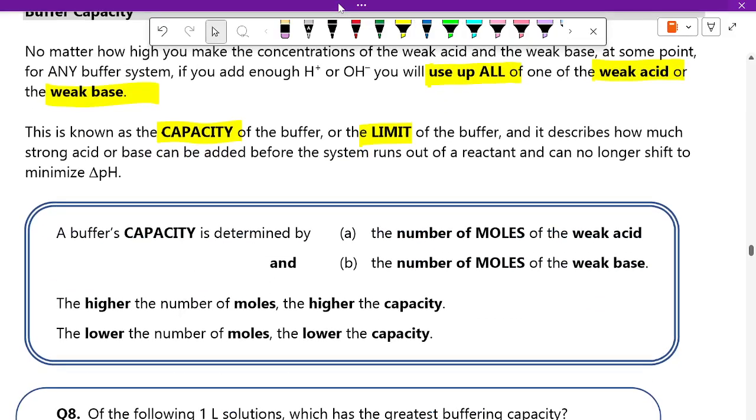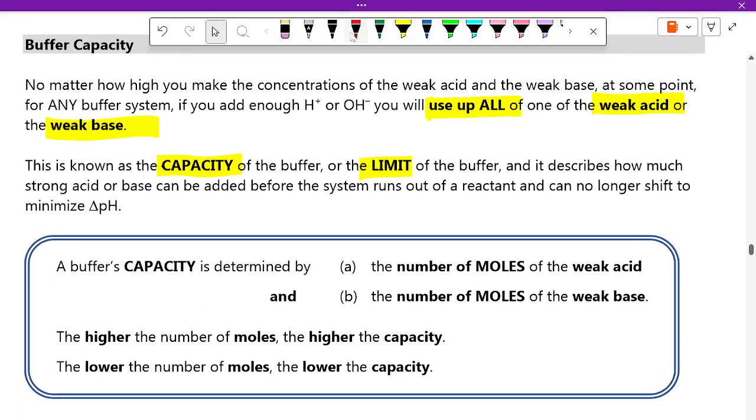And the buffer's capacity is determined by the number of moles of the weak acid and the number of moles of the weak base. The bigger the moles, the higher the capacity. The lower the moles, the lower the capacity. Hopefully that makes sense. If you don't have as much stuff, it can't shift as long.